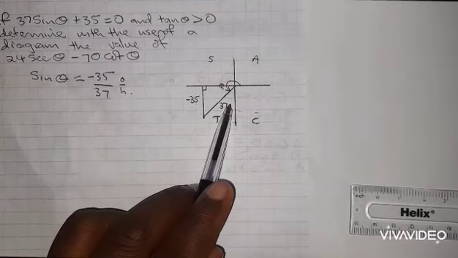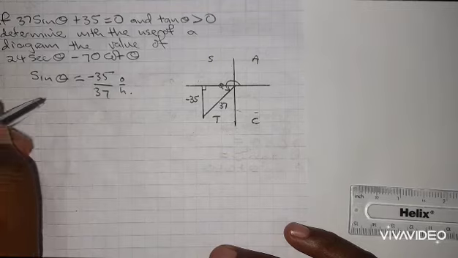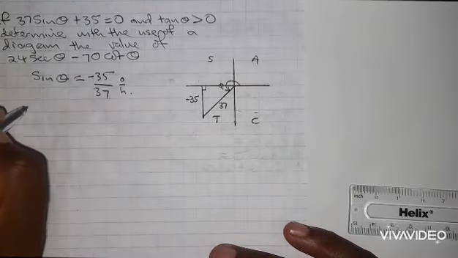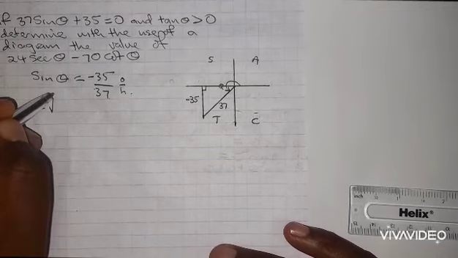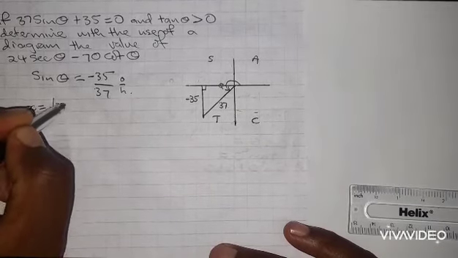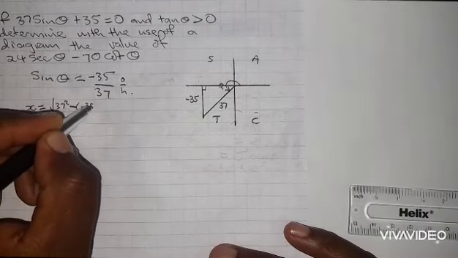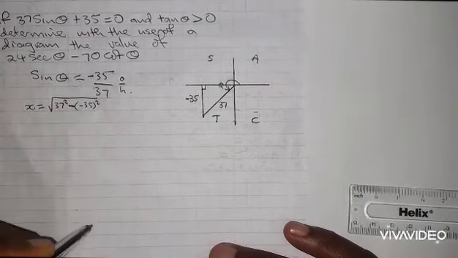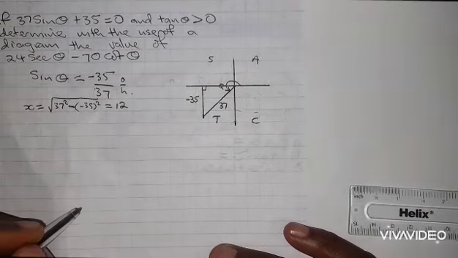Now, the moment you have two sides, we need to determine the third side using Pythagoras theorem. This is x, so x is equal to the square root of 37 squared minus negative 35 squared, right? And this is going to give you 12.